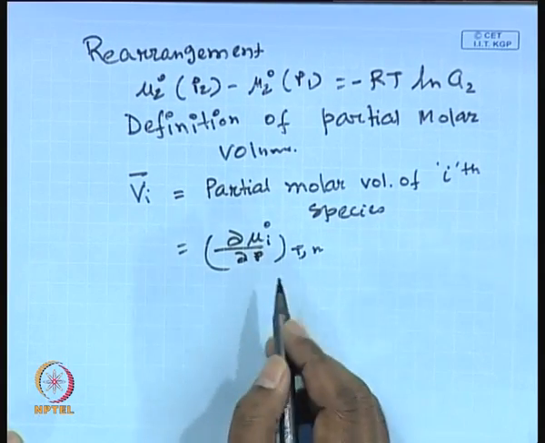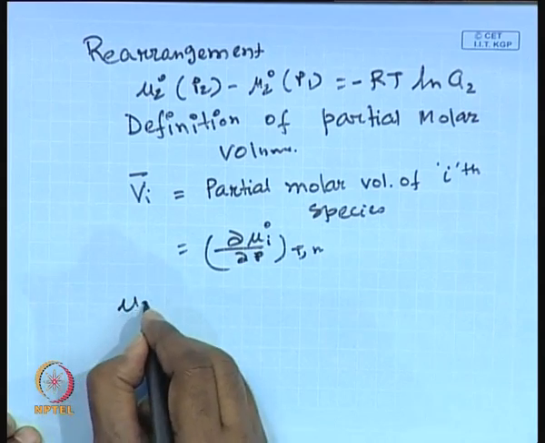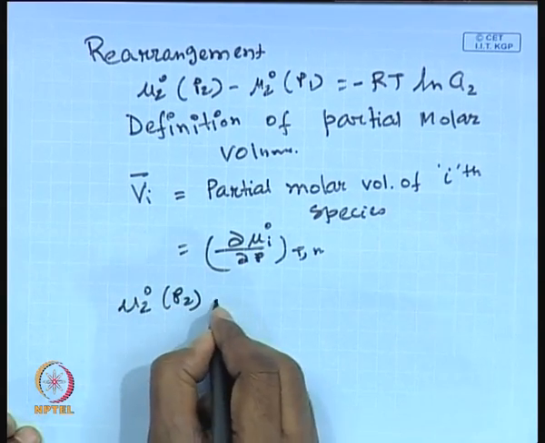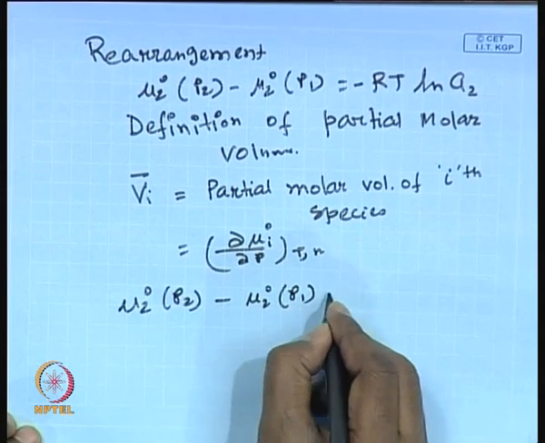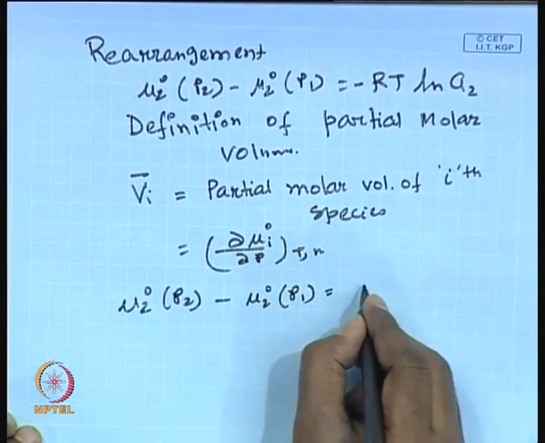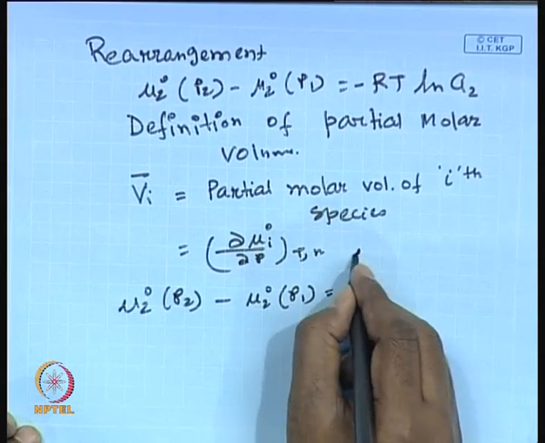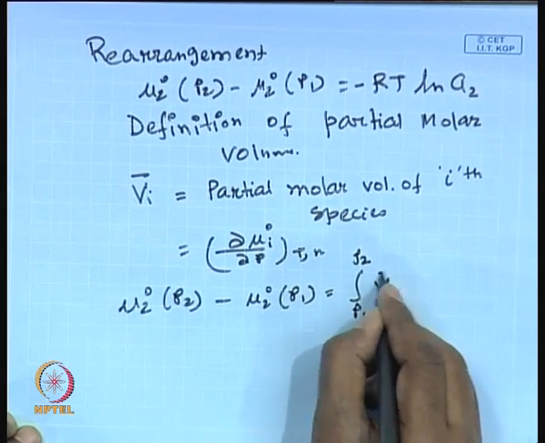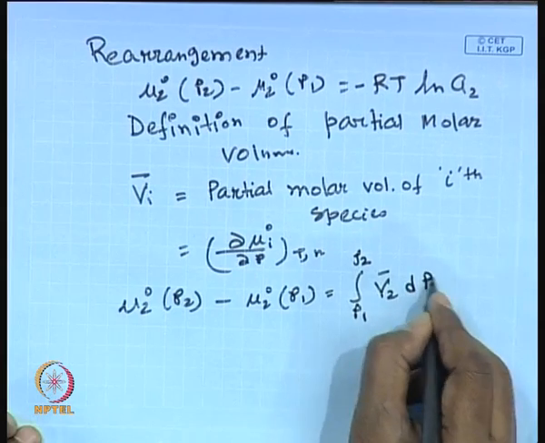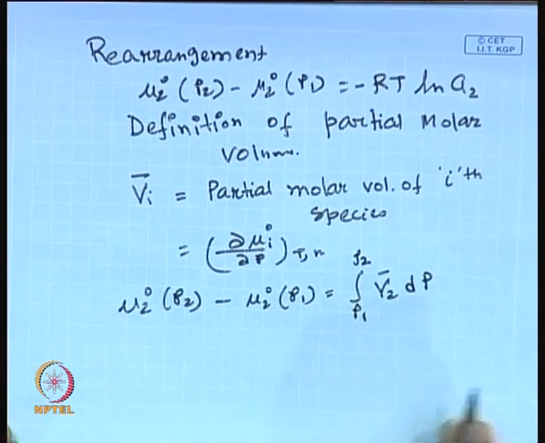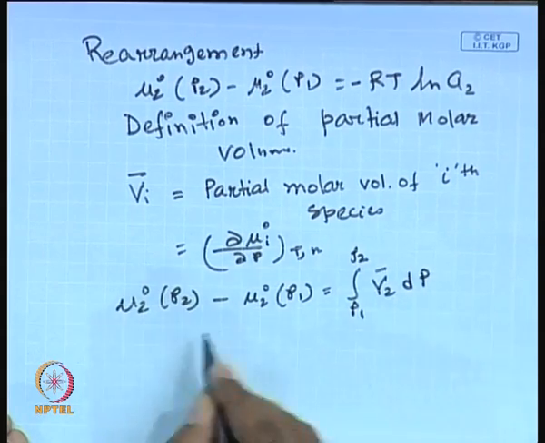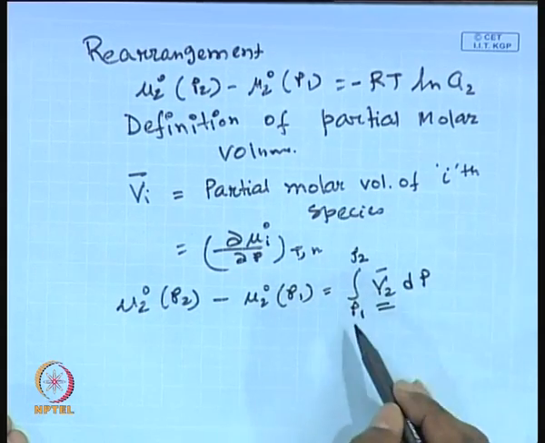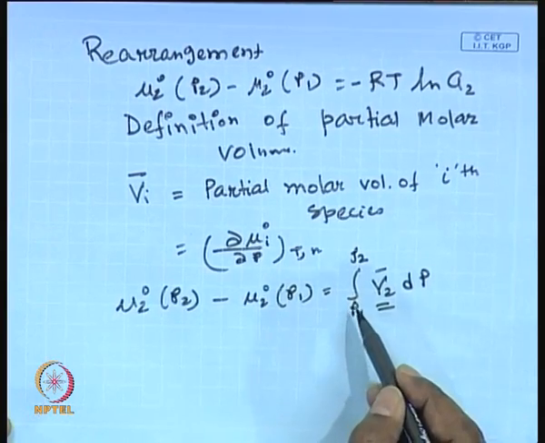So, this equation can be written as mu 2 naught at P2 minus mu 2 naught at P1 is equal to the integration from P1 to P2 of V2 bar dP. Now, we assume that the molar volume does not change over the range of pressure P1 to P2.